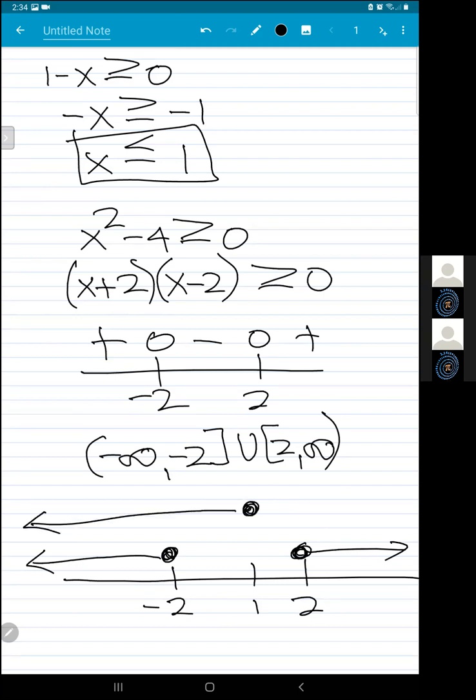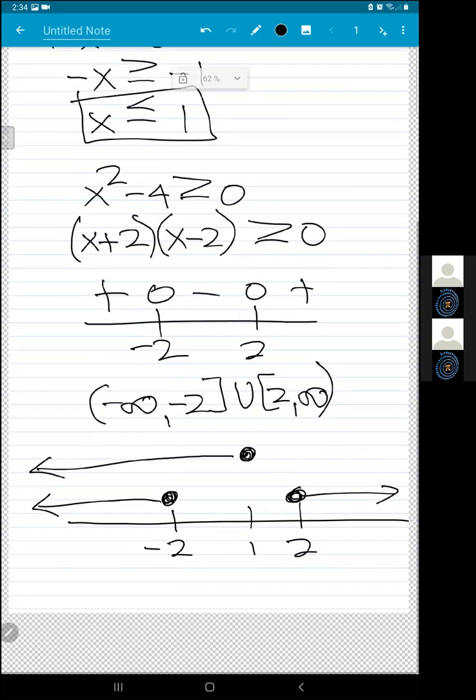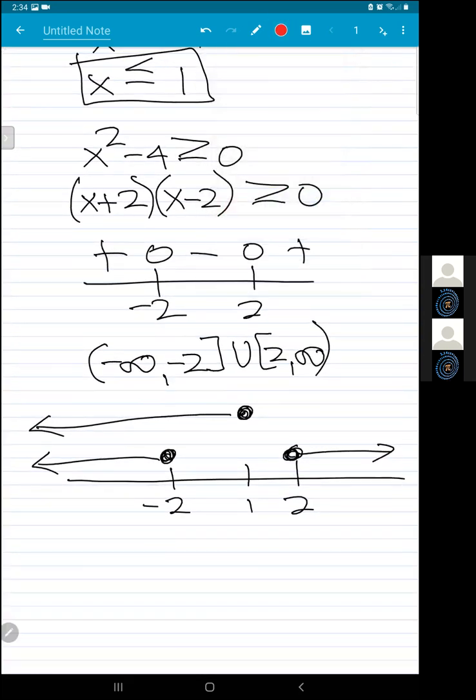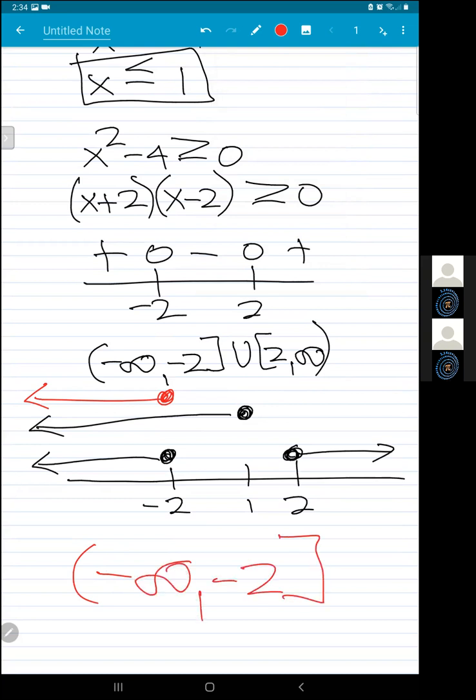Okay, get the intersection. So you still have the same. Yun pa rin. Ito lang ang intersection pala. Okay, so the answer is negative infinity to -2. That's the domain.